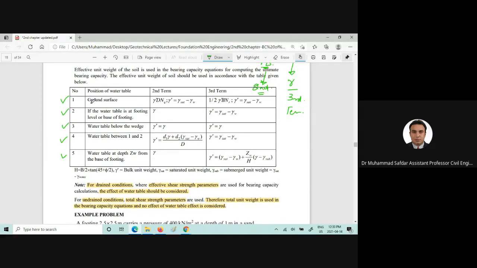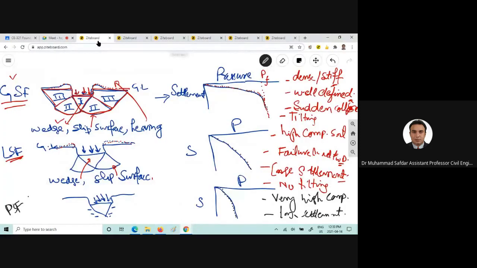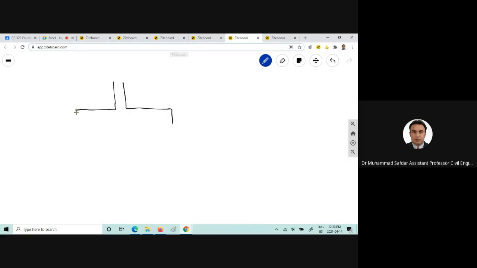So if the water table is at the ground surface, for example, if we draw this figure here, here is the ground level.